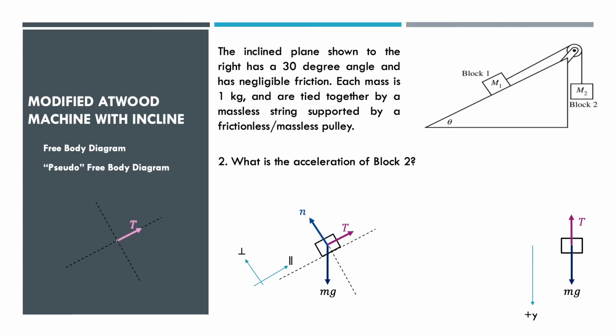So the tension is fine because it is going in the parallel direction, and the normal force is fine because it is perpendicular to the surface. It's the weight force that is different than the other ones, because it's at an angle with one of my axes. And whenever you have a vector at an angle, you have to use trigonometry to find its components.